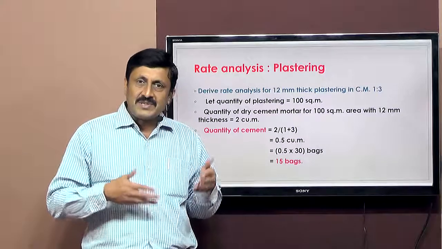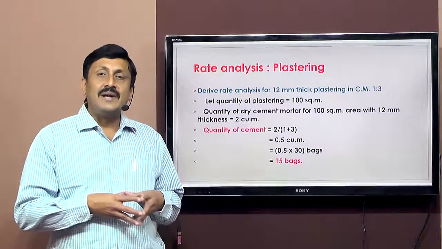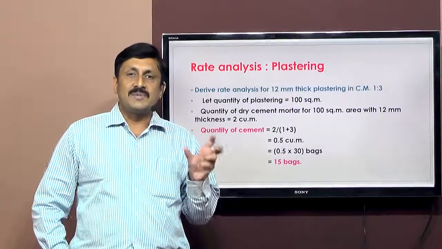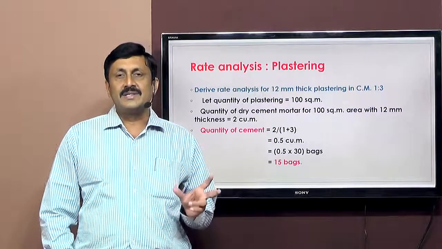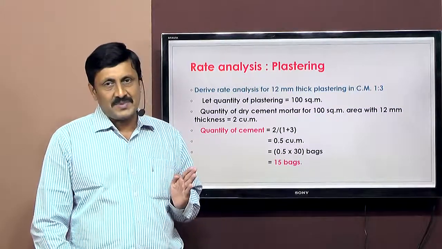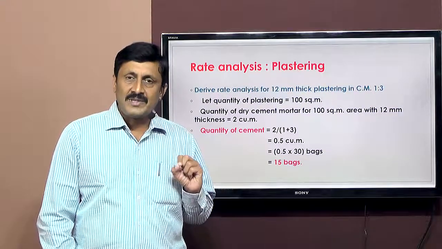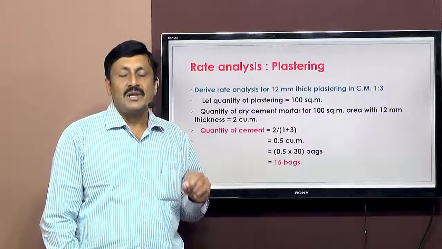The question asked is to derive rate analysis for plastering in cement mortar 1 is to 3. That means the proportion of cement and sand in this mortar is 1 is to 3. One part of cement is mixed with 3 parts of sand and plastering is to be carried out. One more important piece of information given is that plastering has a thickness of 12 millimeters.